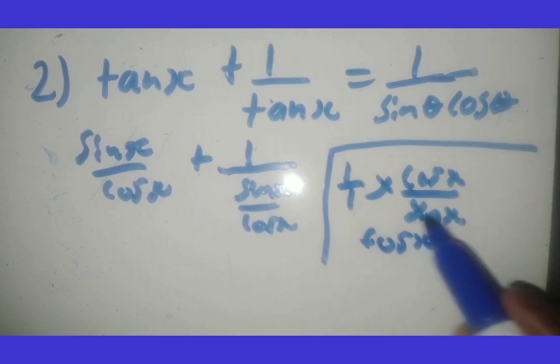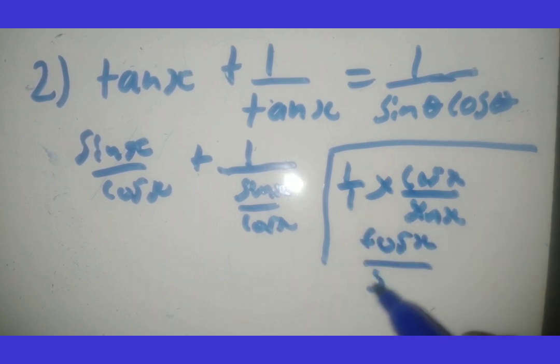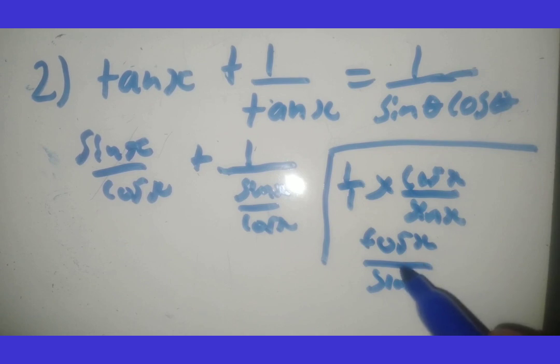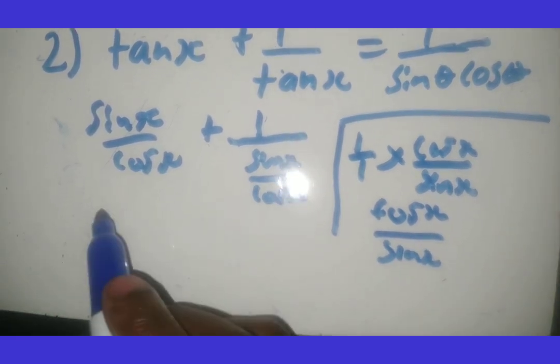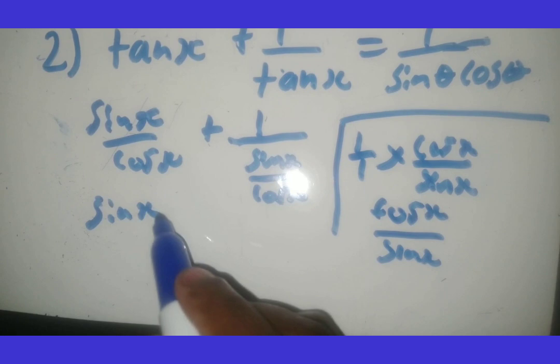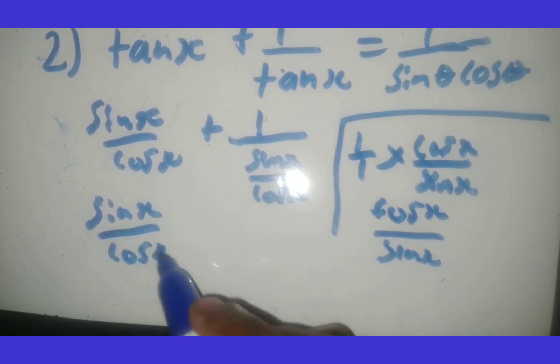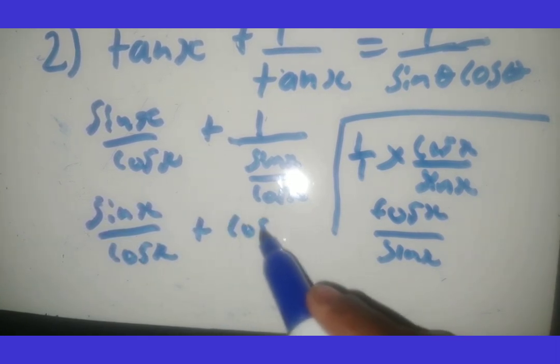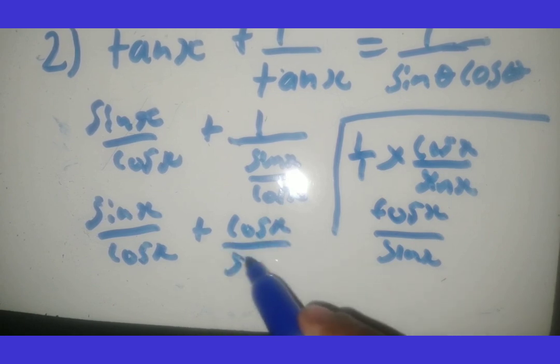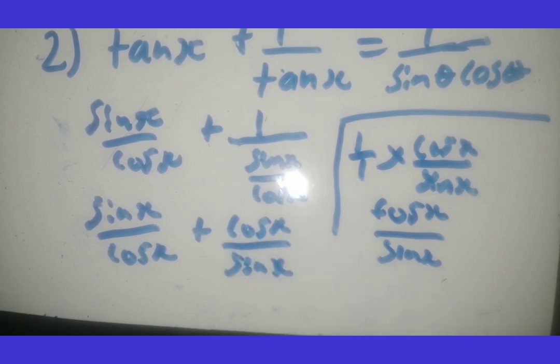And then 1 times sine x is sine x. So the answer is cos x over sine x, meaning that this will become sine x over cos x plus cos x over sine x. That's what we have. Now we have addition of fractions again.